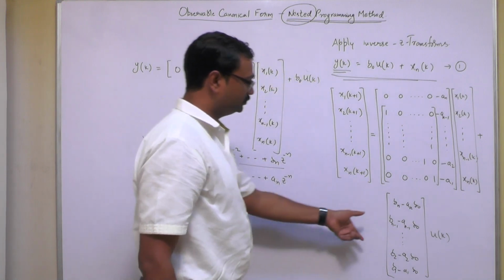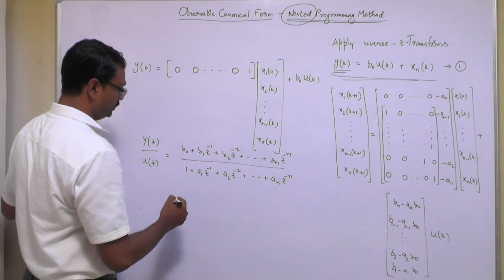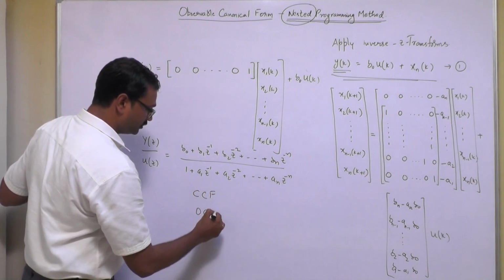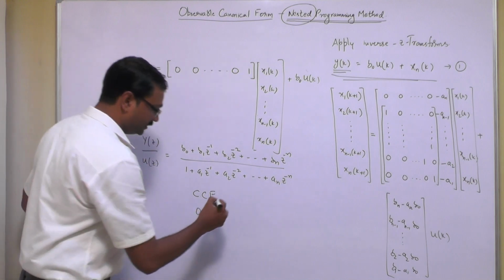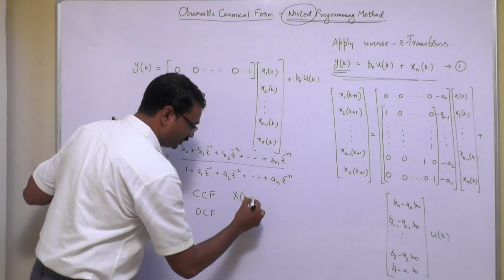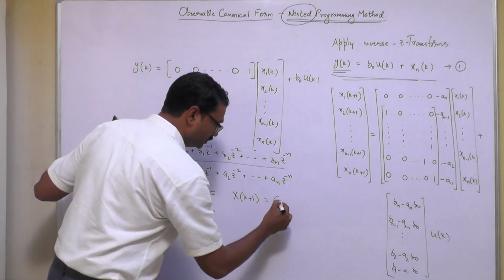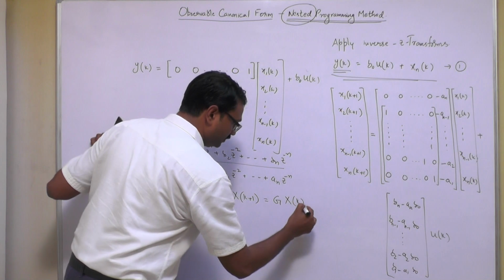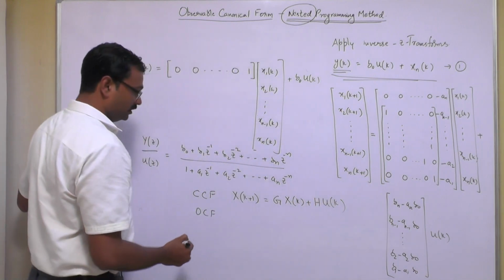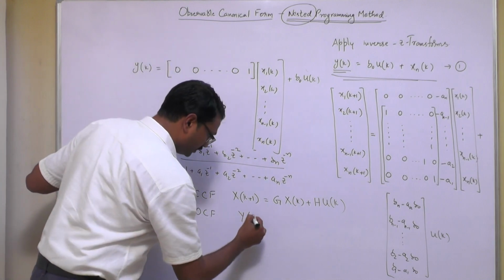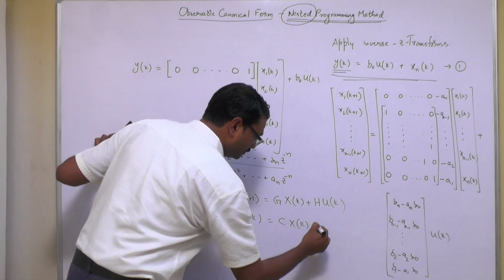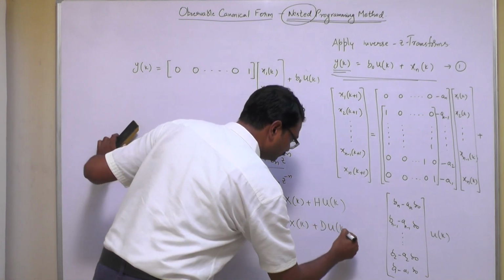Alright, now when you are comparing the controllable canonical form and the observable canonical form, you can say that x of k plus 1 is equal to g x of k plus h u of k, and y of k is equal to c x of k plus d u of k.